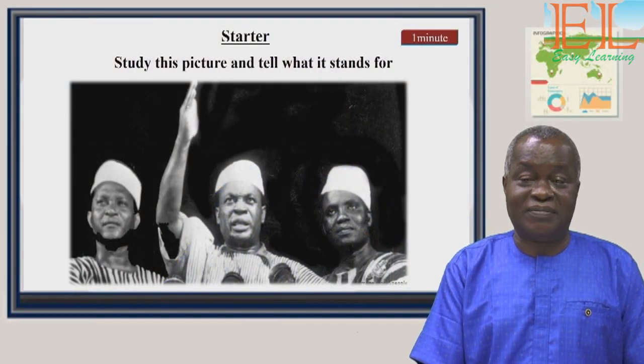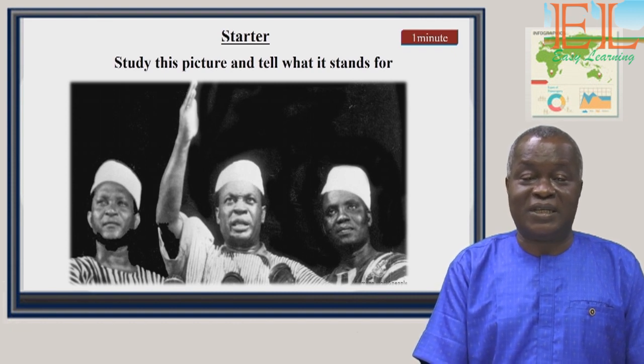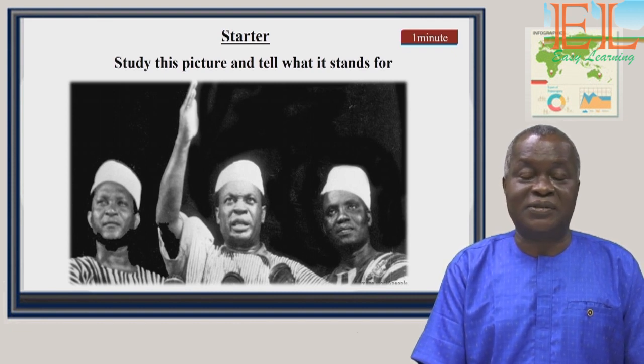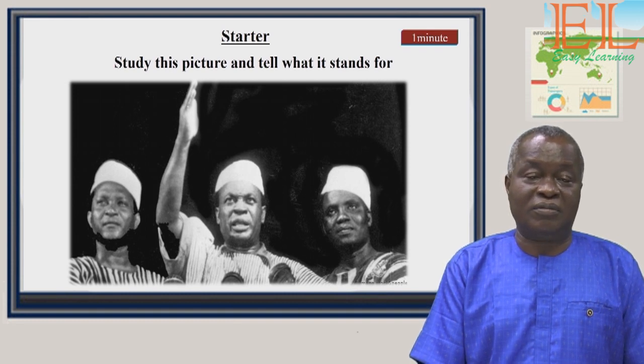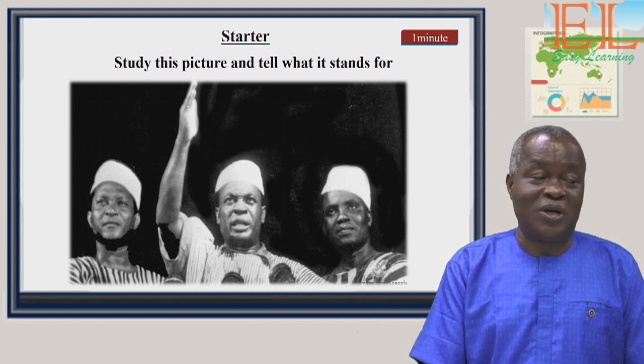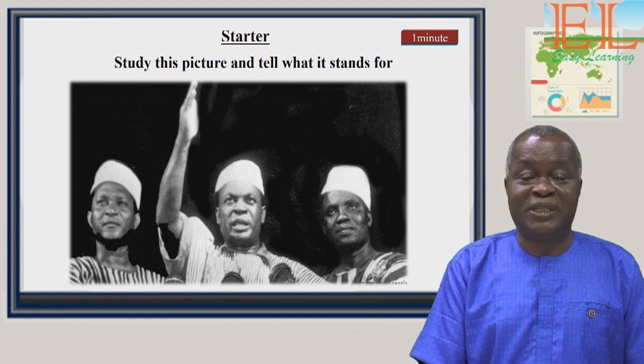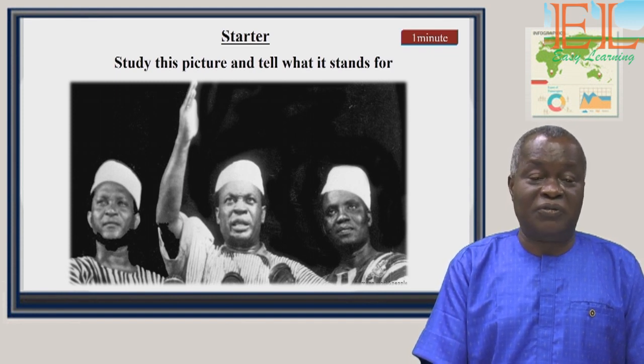For our starter, study this picture and tell what it stands for. Yes, very good, for identifying Dr. Kwame Nkrumah, our first president, who is found in the middle of the picture.